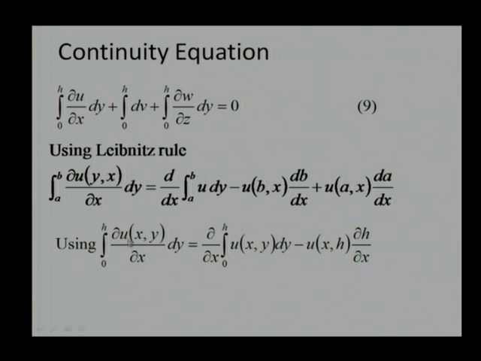When we use this relation, what do we get? This differentiation term comes out, there is a u into dy minus, because b is h in our case, so it will be the differentiation of h with respect to x, minus, and instead of a we have a 0 value over here.